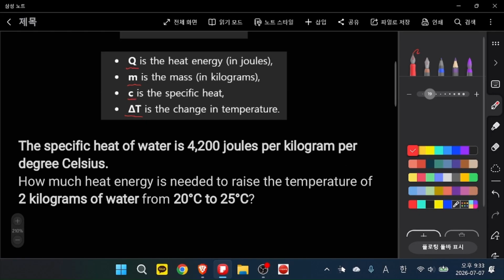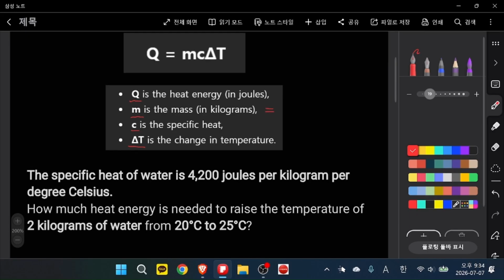How much heat energy is needed to raise the temperature of 2 kilograms of water from 20 degrees Celsius to 25 degrees Celsius? Now substitute these values into the equation.